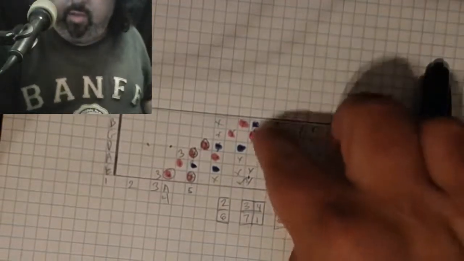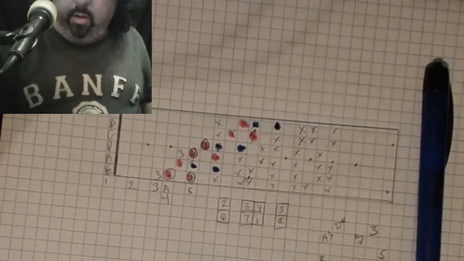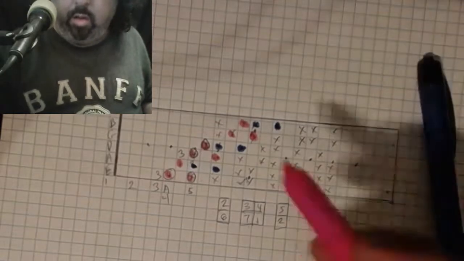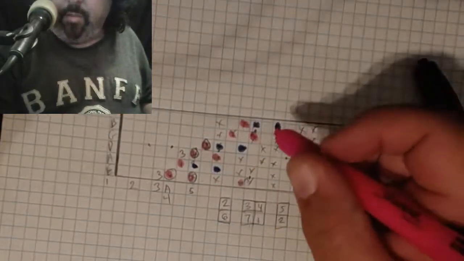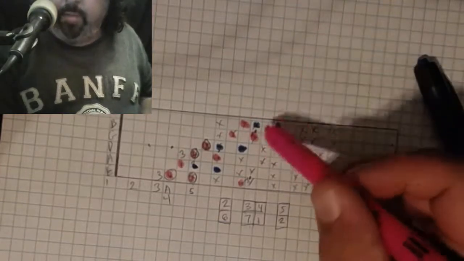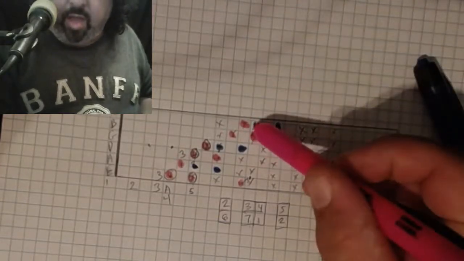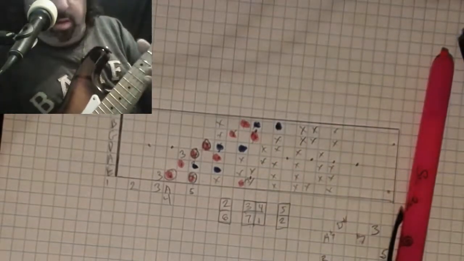And then I would repeat that by going up here. Now we're going to have our, and that shape there is easy to play. The blue and 2 pink dots.